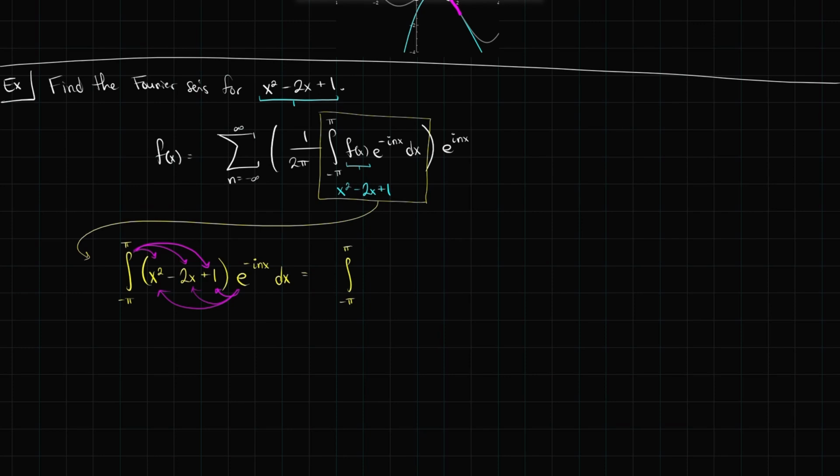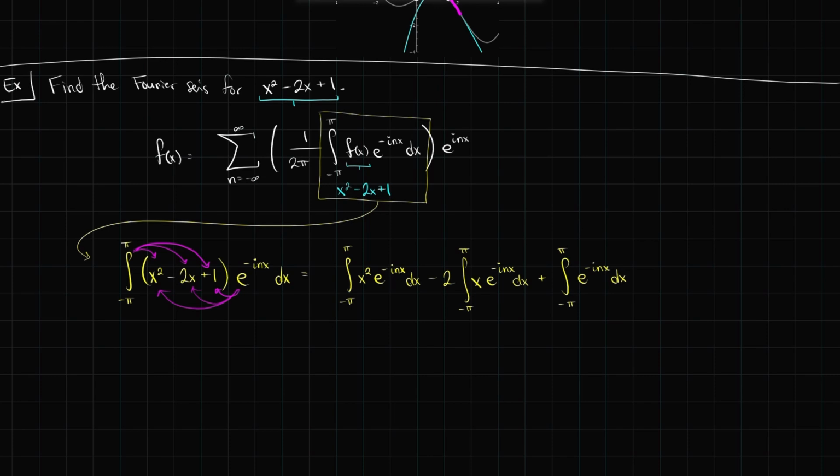The first one is the integral from minus pi to pi of x squared e to the minus i n x dx. The second one is minus 2 times the integral from minus pi to pi of x e to the negative i n x dx. And the third case is plus the integral from minus pi to pi of 1 times e to the minus i n x dx.